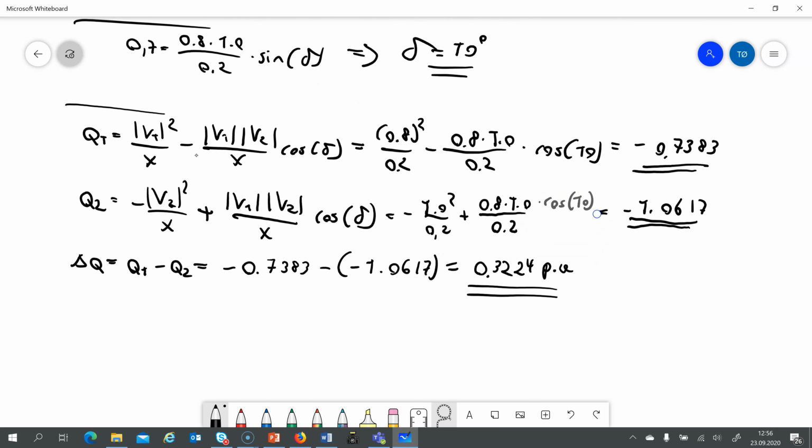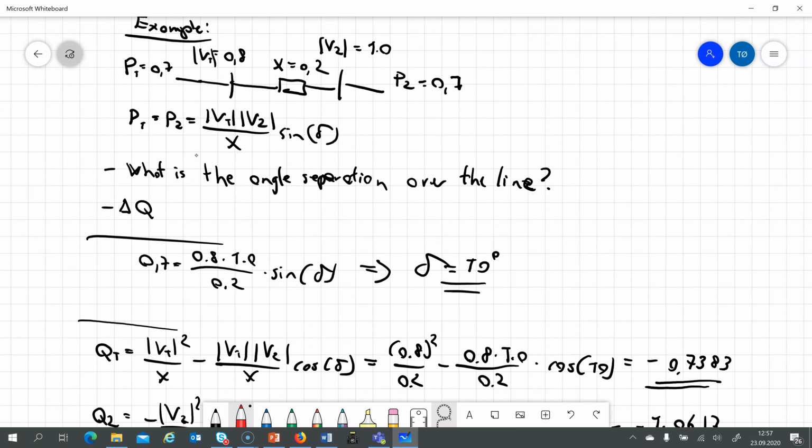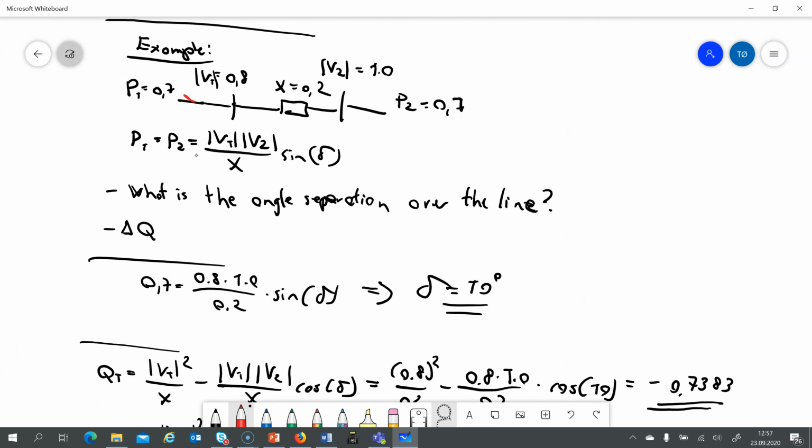So this system actually has a vector V2 and a vector V1 with an angle separation, and vector V1 is shorter than V2. So the active power is now flowing this way.